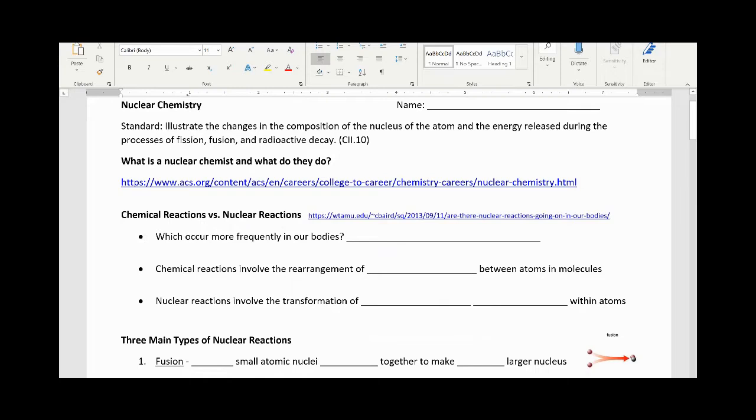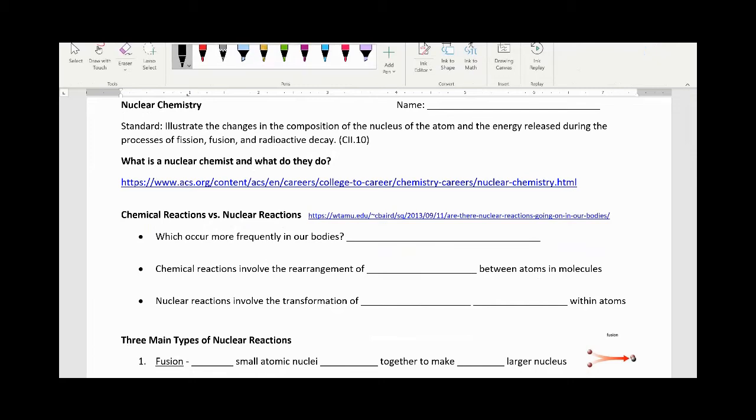And typically, so far in chemistry, what we've been used to talking about are just plain old chemical reactions, which are incredible in their own right. But most of the time, in life, in our bodies, what we're more accustomed to seeing occur are actually the chemical reactions. And so here's what sets the chemical reactions apart from the nuclear ones.